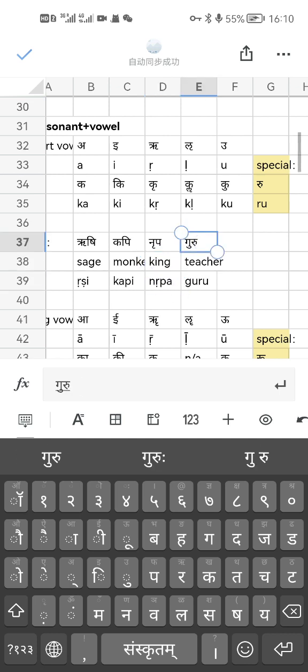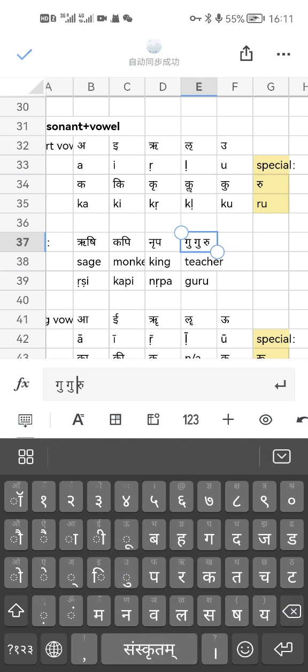The last one, we apply this rule for u. The first letter is ka, and we put this u underneath.